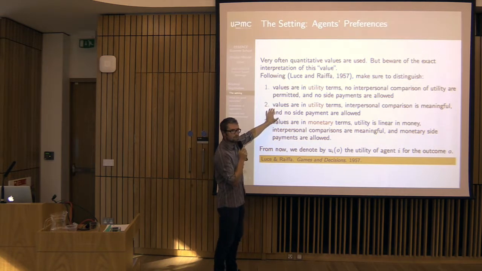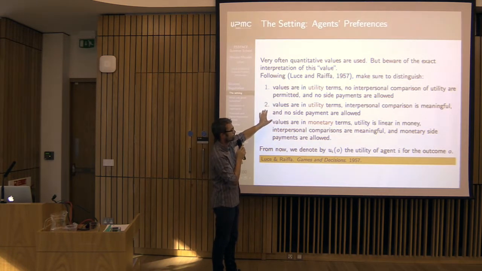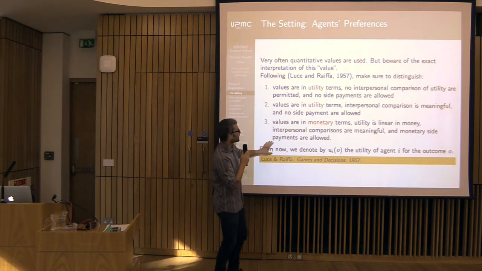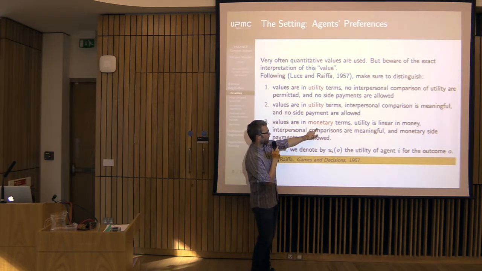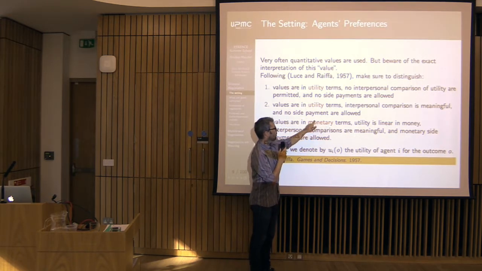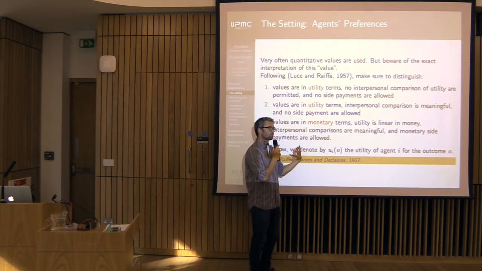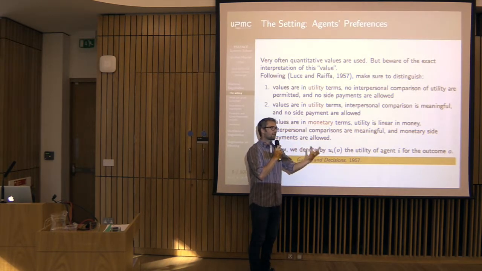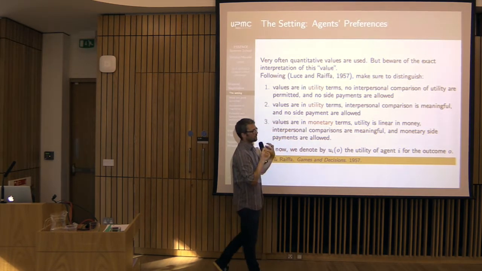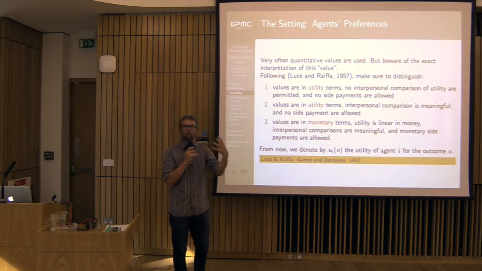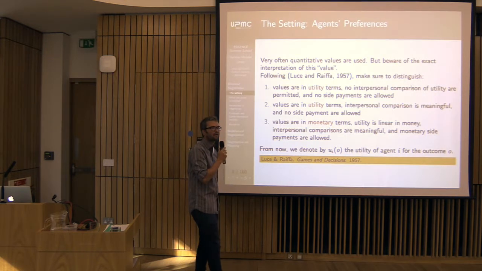That's usually the least studied setting, because usually when you have monetary terms, so you introduce a monetary value, it gives you the power to say, okay, because we have this money, we can compare utilities, because in the end, agents will convert their value for these different items into this money.